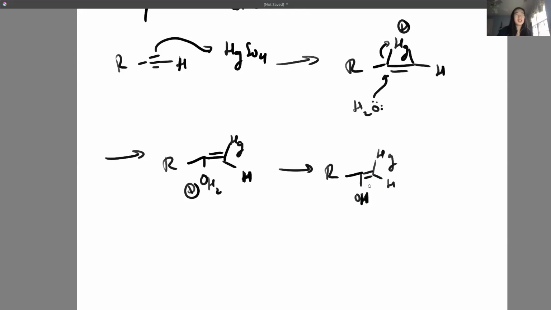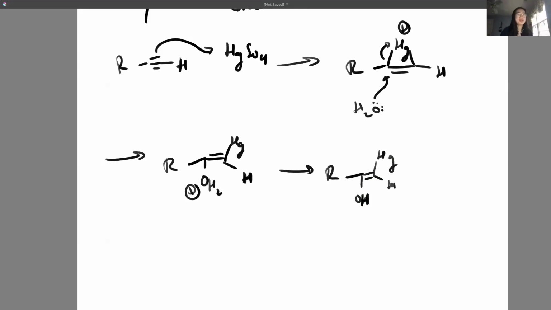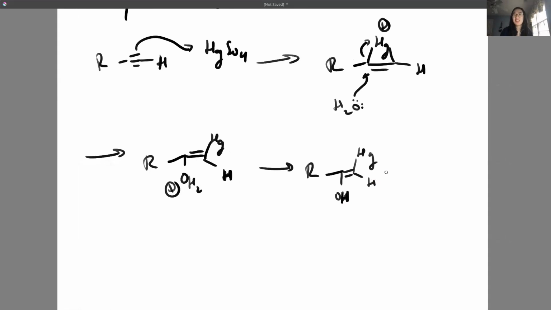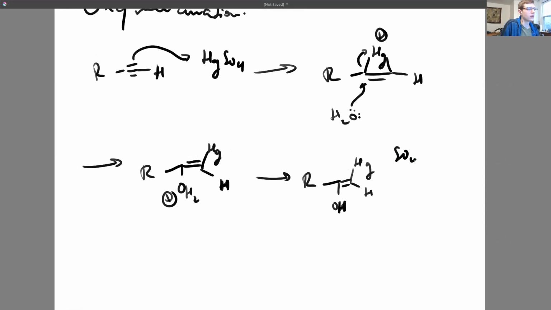Would it be like SO4 in solution? Yeah. So this is particularly where my memory gets pretty bad.